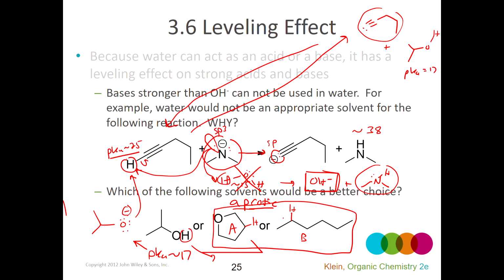Well, we generally avoid completely non-polar solvents. There aren't many reactions where I'm going to get a good yield of the product if my solvent is totally nonpolar, and the reason for that is because nonpolar solvents just don't dissolve polar or charged substances, because they can't form very strong intermolecular attractions. So choice A here is better.